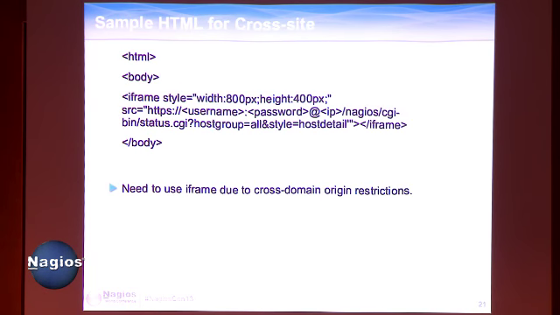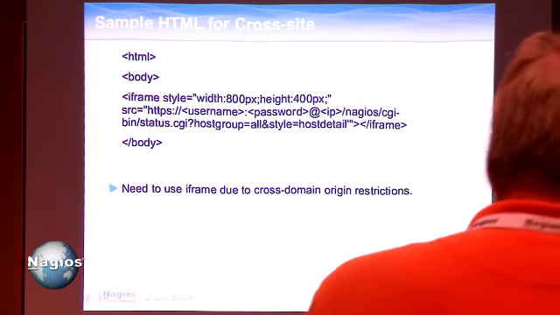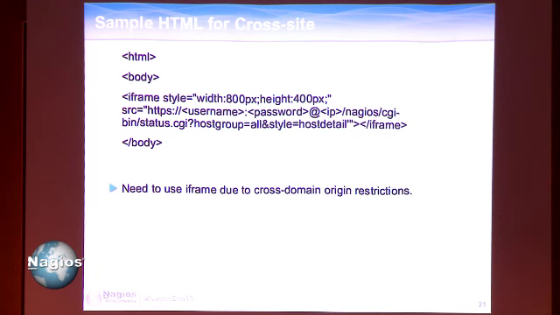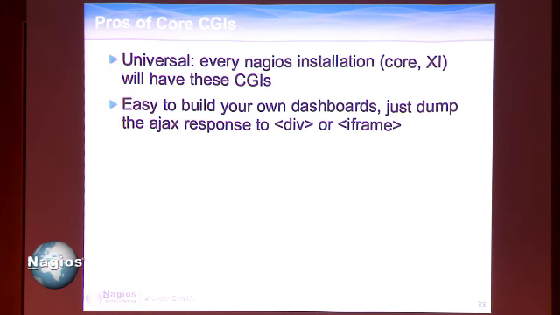This example can be used cross-site because you're loading into an iframe. I'm sure a lot of people here that are building front ends understand some of the complexities of cross-origin. But if you don't, you can play with this. It'll give you a nice little small iframe that will scroll through the status. You can then build your view from there.